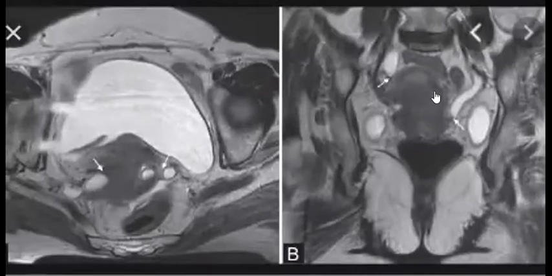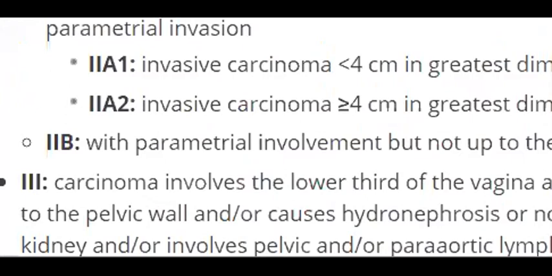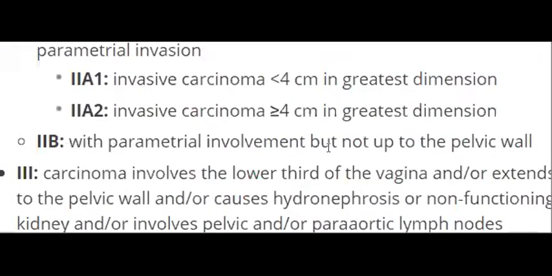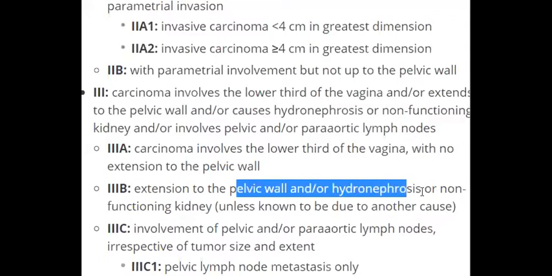So there is hydronephrosis and there is parametrial invasion. So according to our staging, there is parametrial invasion, but not involving the pelvic wall. But in 3, extension to the pelvic wall and or hydronephrosis. So when you find the hydronephrosis, you are going to mention that it is 3B, right?